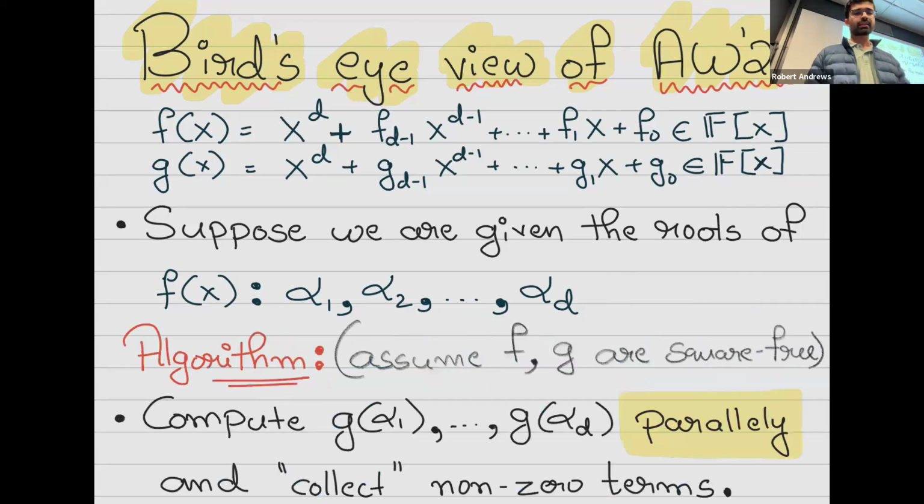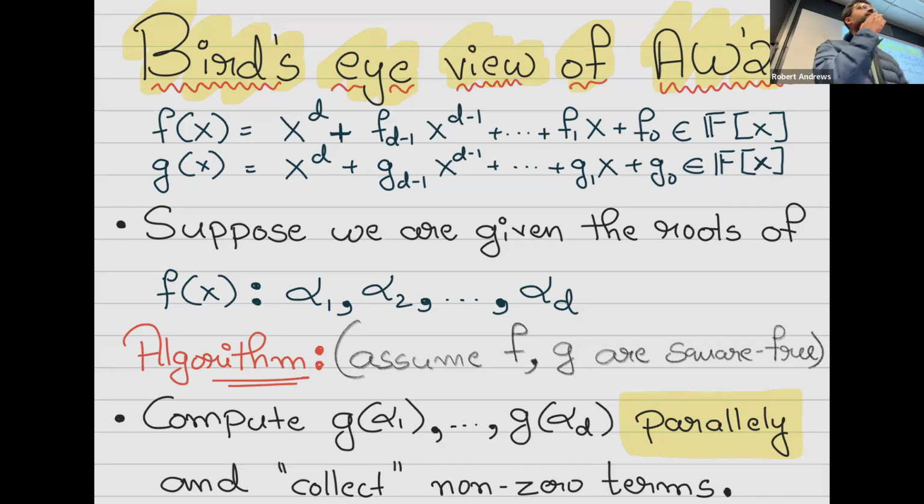Assuming f and g are square-free, I can compute g of alpha 1, alpha 2, up to alpha d in parallel. The non-zero values will tell me something about the factors in the GCD. So I collect these non-zero values and compute the GCD. This is very high level, but I hope at least the flavor of what's happening is being conveyed. If there are any doubts, please let me know.